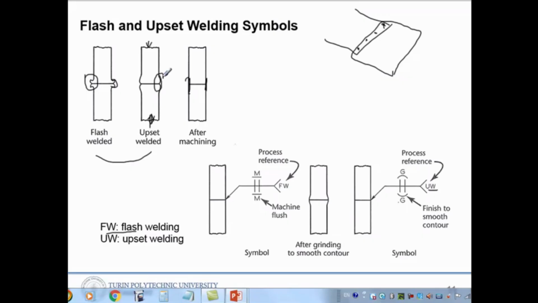And this area can be shown this way, concave or convex, and the reference: finish to smooth contour. If you have this, that is machine flash, machining it to make it straight. Before it becomes like this, and after grinding or polishing, it will be like this.